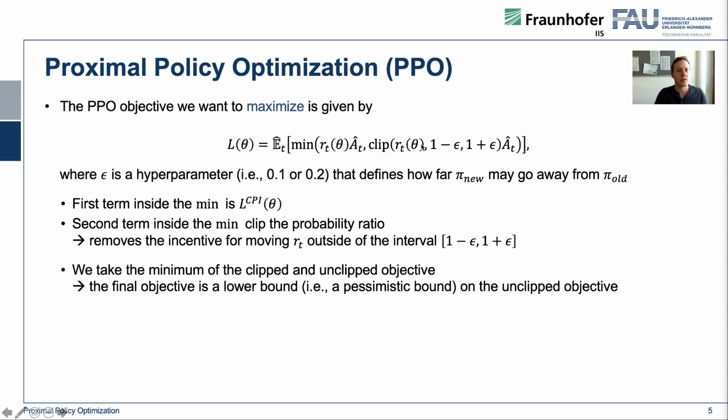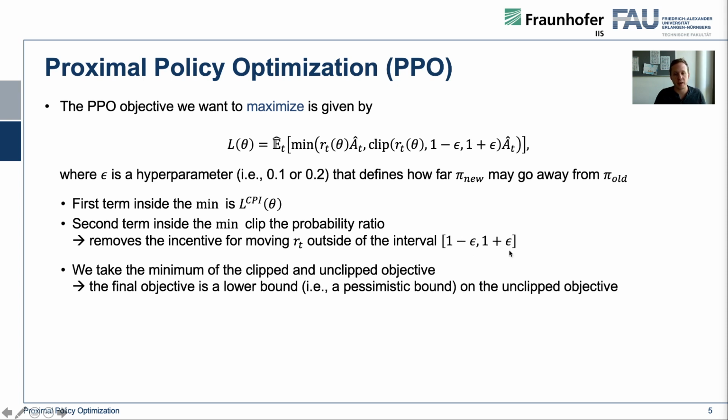So what we want, out of this clipping operator, is a clipped ratio that says that we do not want RT outside the interval of 1 minus epsilon and 1 plus epsilon. If this happens, we want to just clip it. If it is below, we want to clip it to 1 minus epsilon times the advantage.